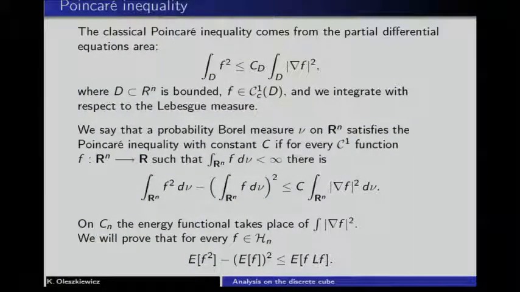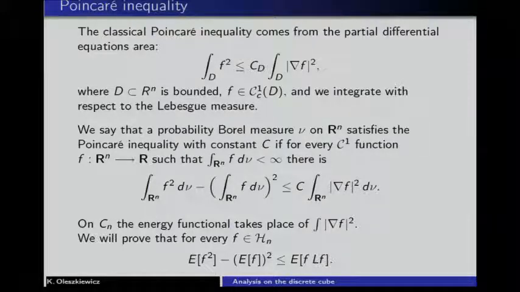So we assume that the function is integrable. We have some probability Borel measure on Rn, and we will say that it satisfies the Poincare inequality with constant c if the variance of f with respect to the measure mu is bounded by this constant c times the integrated square of the gradient.